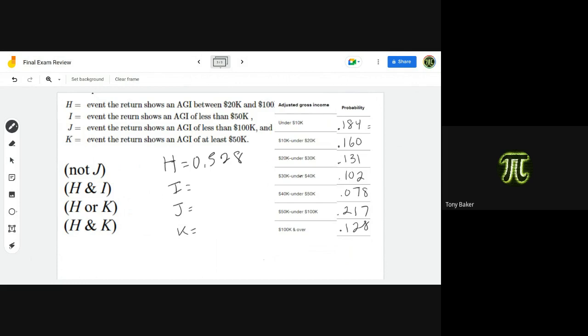So in this case, I'd probably do the 1 minus just because there are only 2 that I would subtract off. I get 0.655.